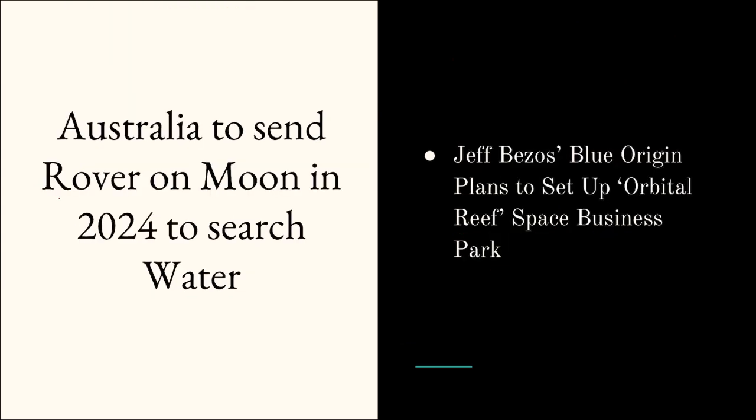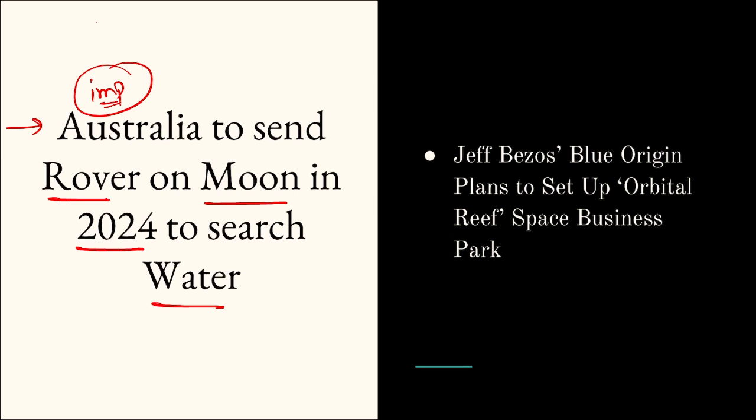Next, which country will be sending a rover to the moon by 2024 to search for water? It will be Australia. Mark this. The country that will be sending its rover to the moon in 2024 to search for water will be Australia. Very important news.